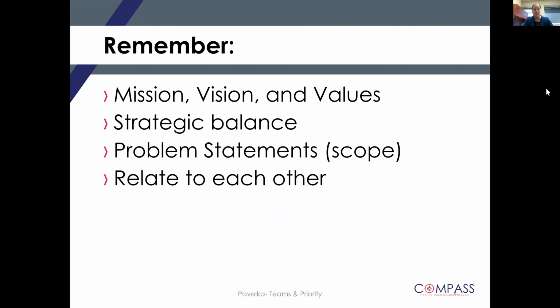We also want to think about the problem statement of what we're trying to solve. Earlier in another presentation, I talked about picking a project and having a good problem statement. What are we really trying to fix? So it's well defined, and the population of people that you're looking at studying should go along with that problem statement.